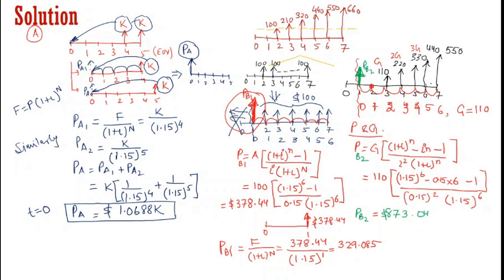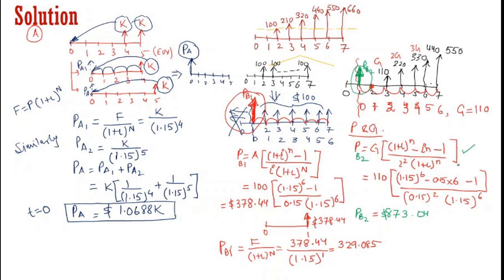Fine, but again we have computed this at t equal to 1, because originally we have this series, but we have manipulated it this way because only in this way can we use the standard relationship which is available. So this PB2 is what we have calculated at this point of time.